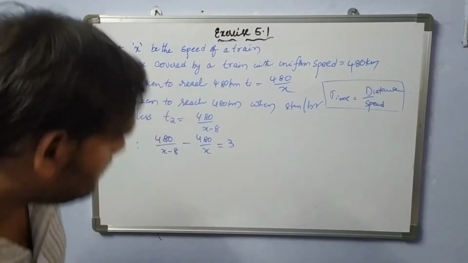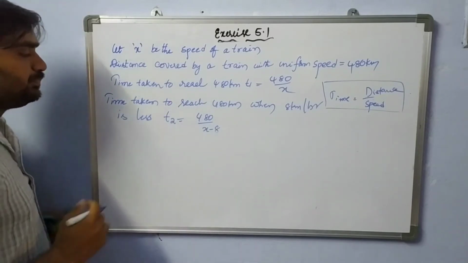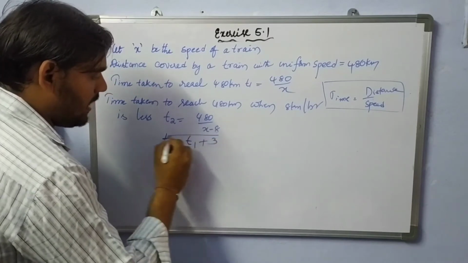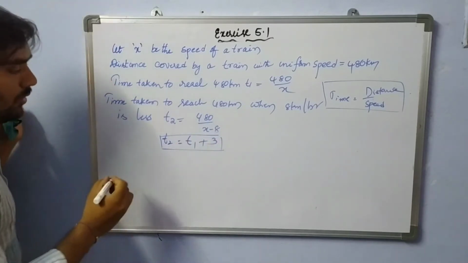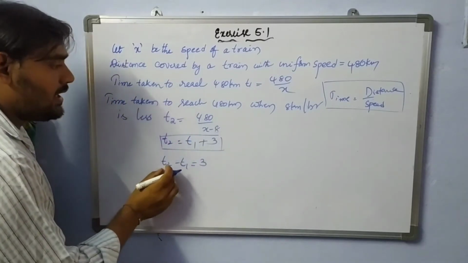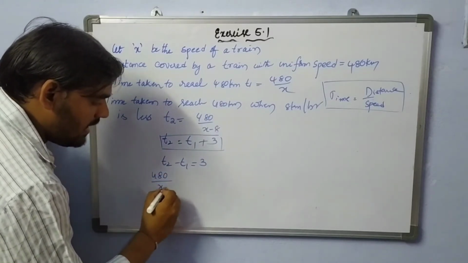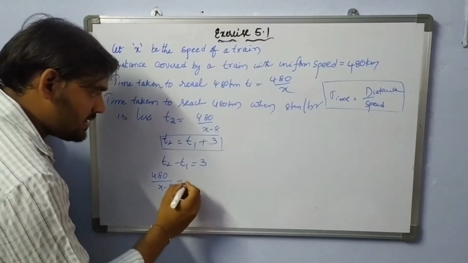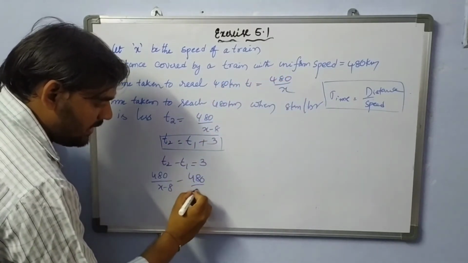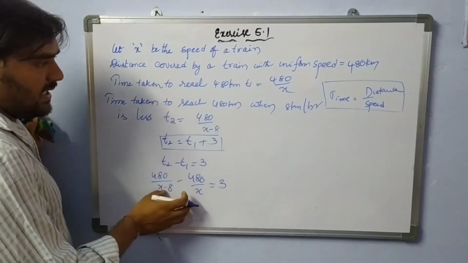It means in this problem T2 is equal to T1 plus 3 according to the condition. So here T2 minus T1 is equal to 3. T2 is 480 by x minus 8, minus T1, which is 480 by x, is equal to 3. See here, we need to simplify this condition.